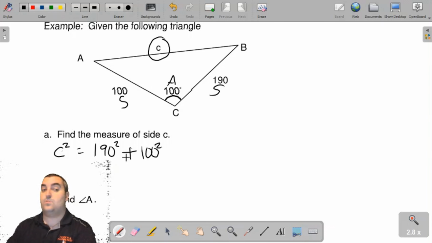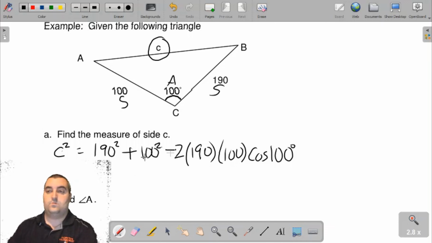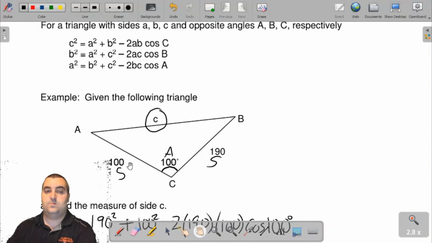Nice thing is, you probably realize, hey, that sounds like the Pythagorean theorem, and it is, but then we have to make the adjustment here for it not being a right triangle, so minus 2ab cosine of angle C. Okay, so that was just me substituting the values we have into this first formula for law of cosines.